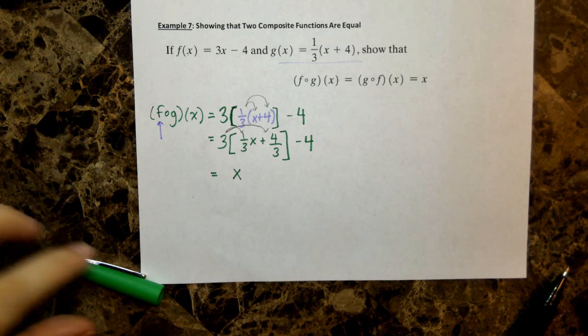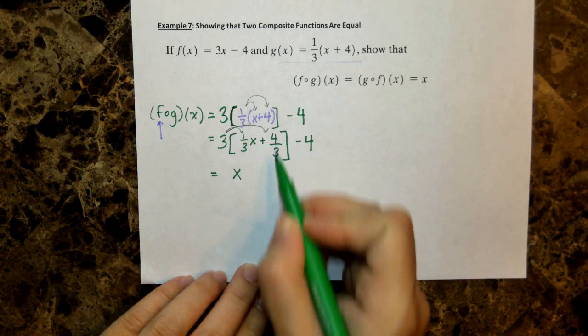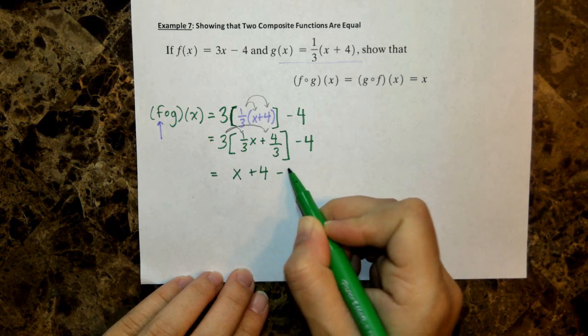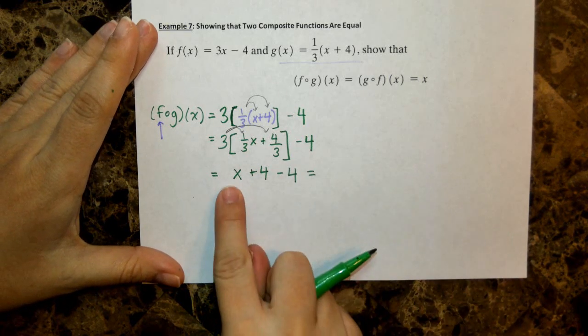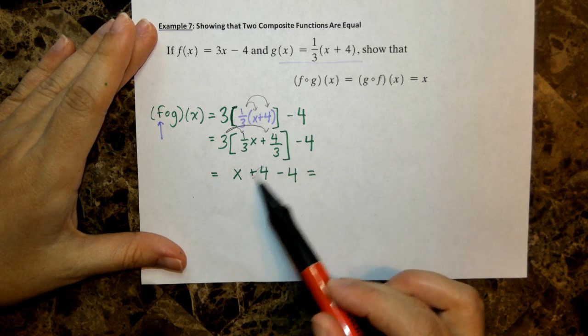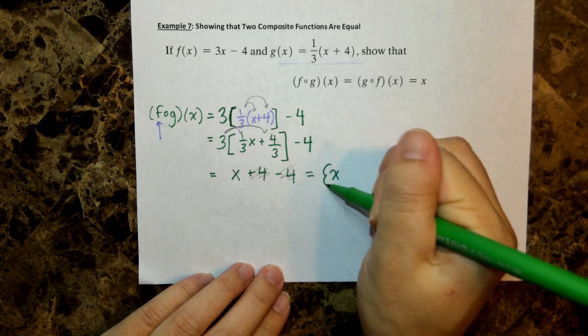If you're getting confused with the fractions, you can always use your calculator to double check some of the math. But 3 times 4/3 is just positive 4. And then we still have this minus 4 on the end. And this equals x plus 4 minus 4. Plus 4 and minus 4 cancel out, and I'm just left with x.